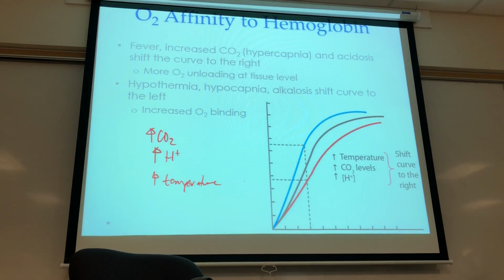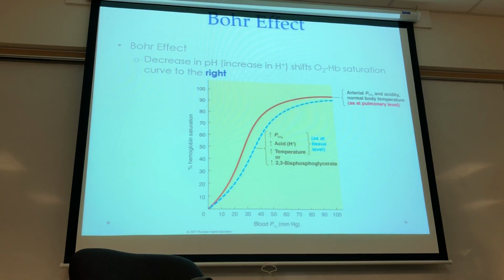So let's take a look at what that exactly means. What does it mean to shift to the right? So this is what we illustrate is called the Bohr effect: that the decrease in pH, or the increase in hydrogen ions, as we described earlier, shifts the O2 hemoglobin saturation curve to the right.